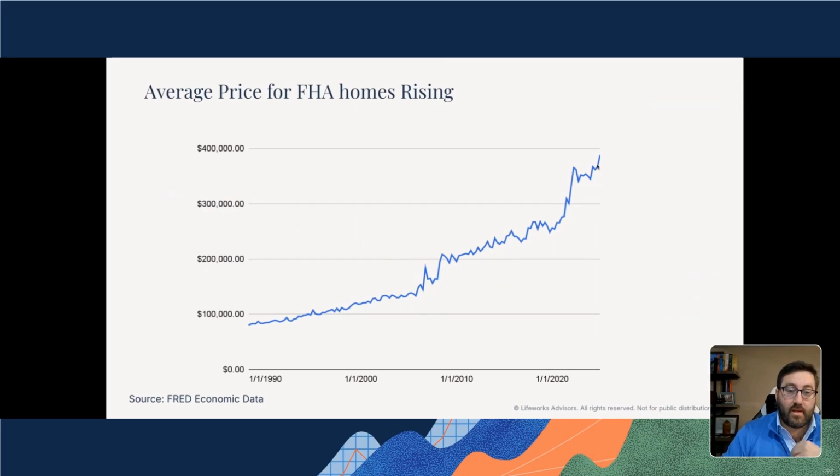And with that too, not only are these houses not affordable to the people that are buying them, they're at significantly higher values than they've seen in recent history, right? So those higher values in the FHA homes, if these loans start collapsing, could have a large ripple effect in terms of the overall housing market.